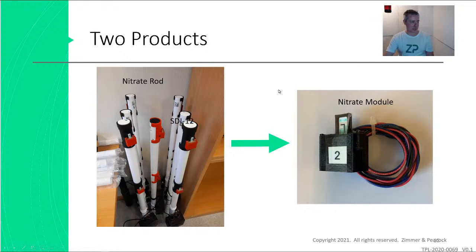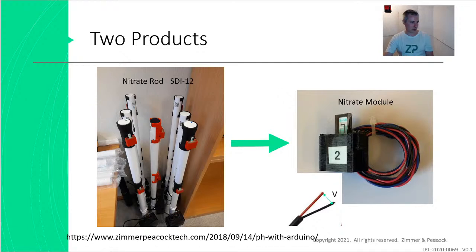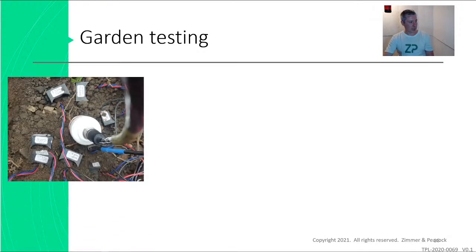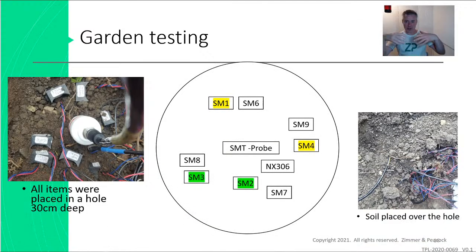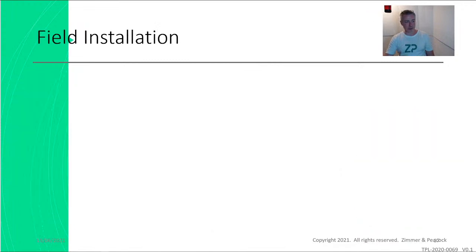Let me dig in a bit deeper to this. As I say, you can measure the voltage between the two wires. And we've been actually taking these nitrate sensors, and in the first instance we were throwing them into the soil in the garden and burying them over and running them for several months.